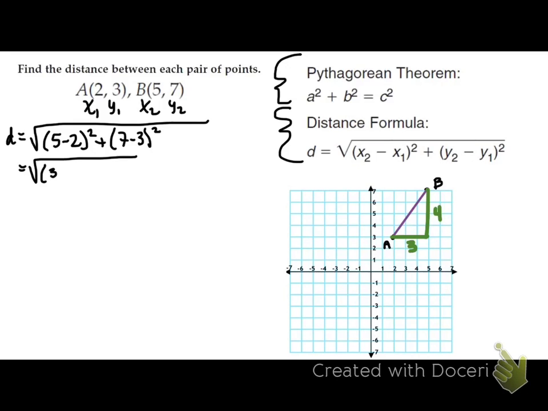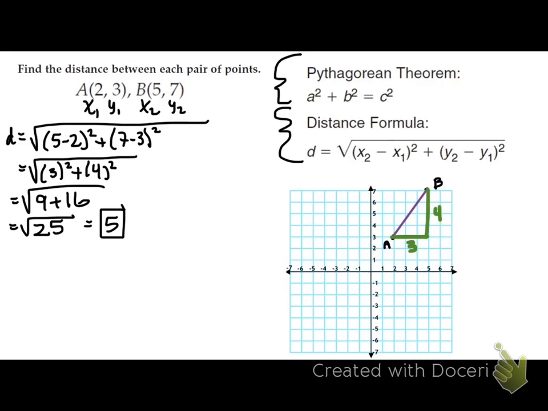I'm going to get 3 squared plus 4 squared. 9 and 16. 25, right? Is that right? Yeah. Your answer was? How many of you guys did the Pythagorean and got the same thing? You should. It's the same thing. It's done the same exact way.